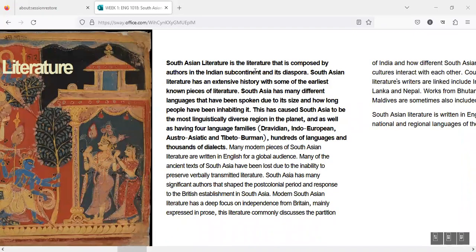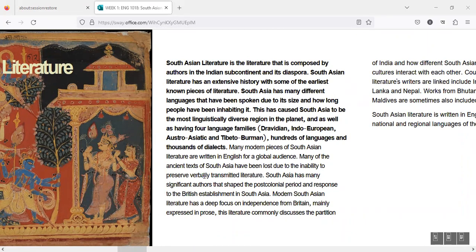South Asian literature is the literature that is composed by authors in the Indian subcontinent and its diaspora. South Asian literature has an extensive history with some of the earliest known features of literature. Many modern features of South Asian literature are written in English for a global audience.